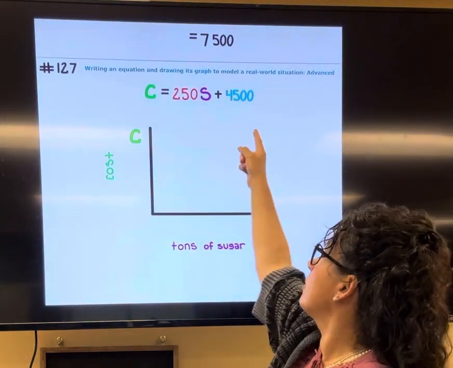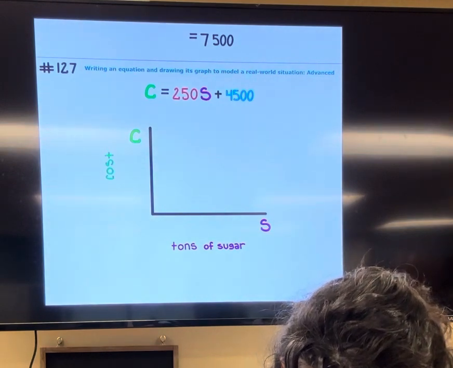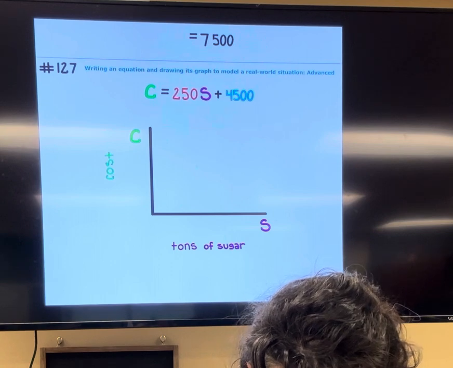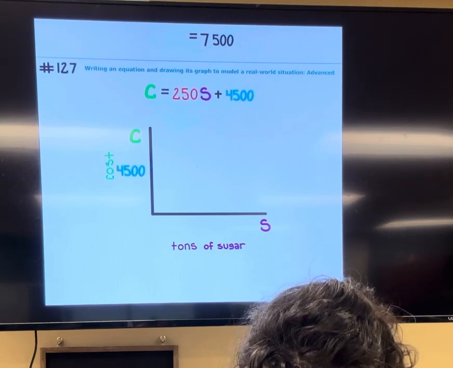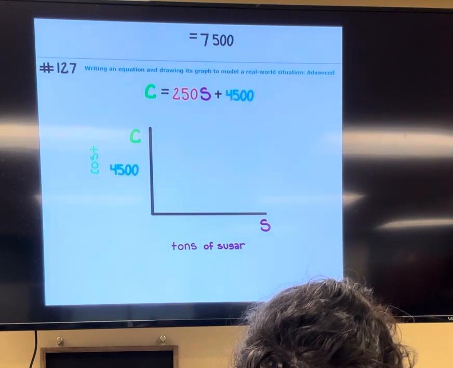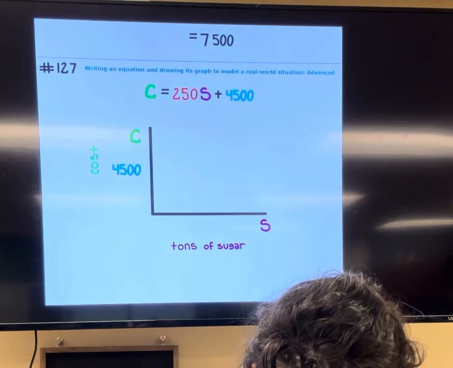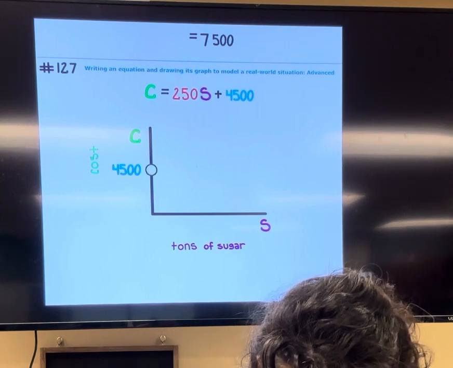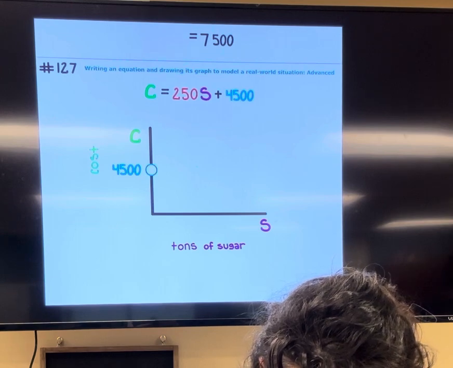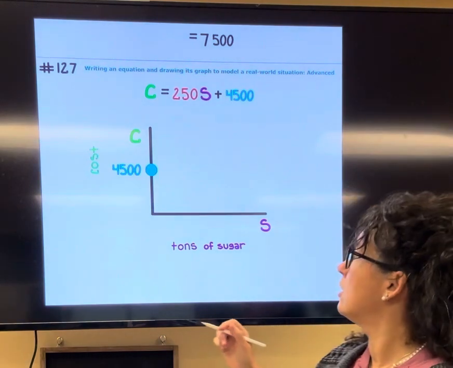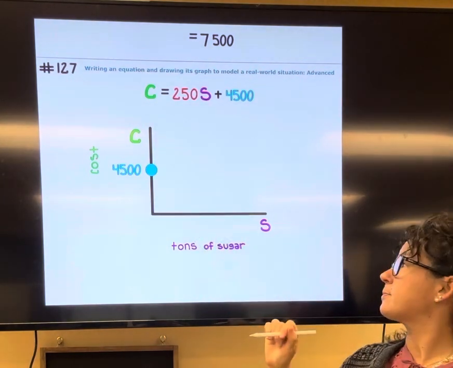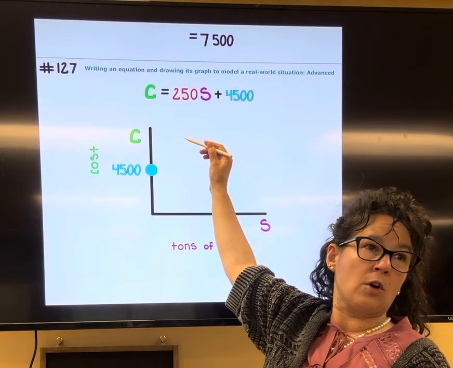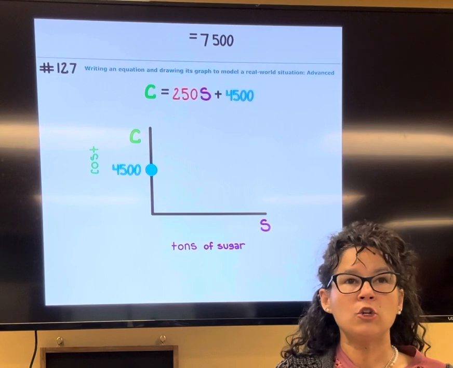Okay, but once we have that, remember you're beginning at 4,500. So on the y-axis, this is my beginning amount. So at 4,500, we're at 4,500, and then rise over run, so I can go up 250 over 1, and that'll be my new point.